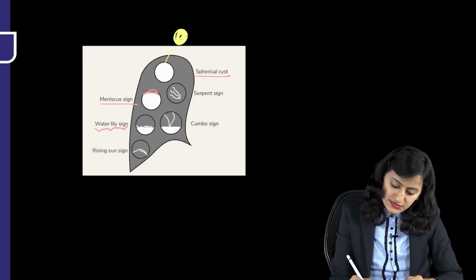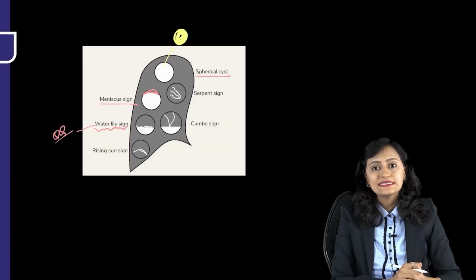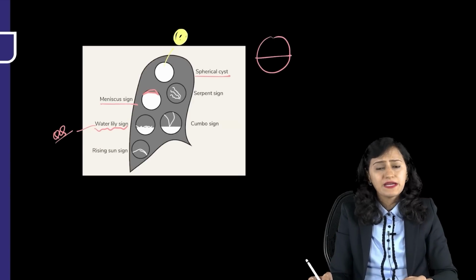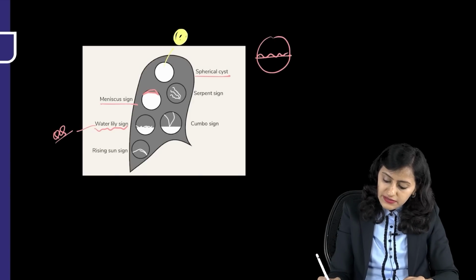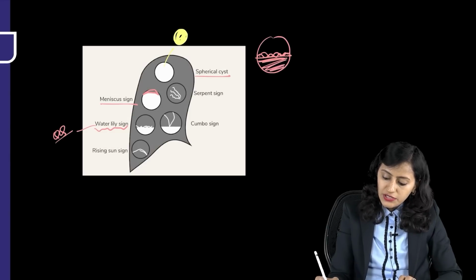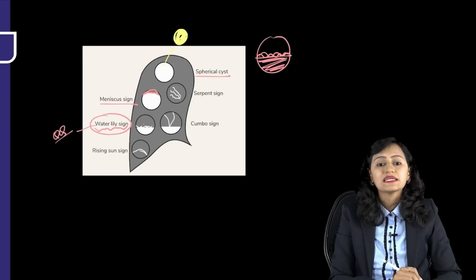Next very important sign and frequently asked in hydatid, that is the water lily sign. So with the rupture of the membranes, the fluid coming down, and over the fluid there are those ruptured membranes which are floating. So over this water we have the membranes floating. This is called as water lily sign.